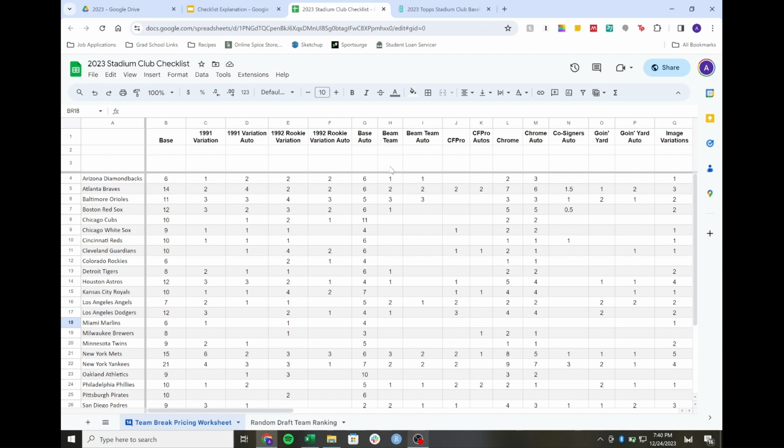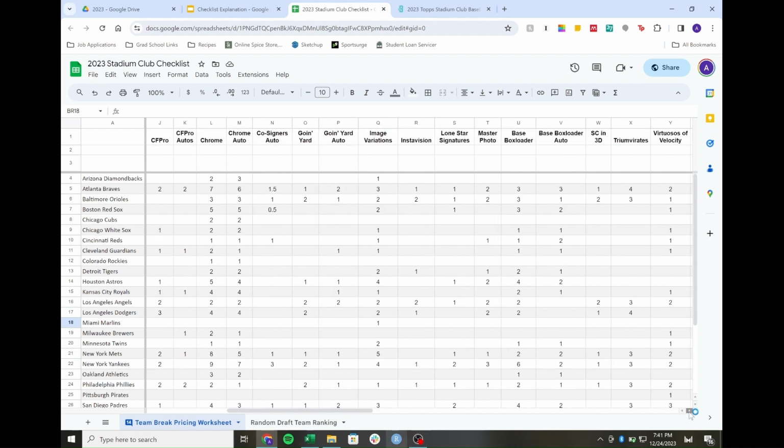So the first thing that I do when I am setting up a team break is I go through and I count each type of card, the number of cards for each type of card for each team. So for Stadium Club, you see there's 1991 variation, 91 variation auto, etc. And you can get those from the Beckett website for the team setups.